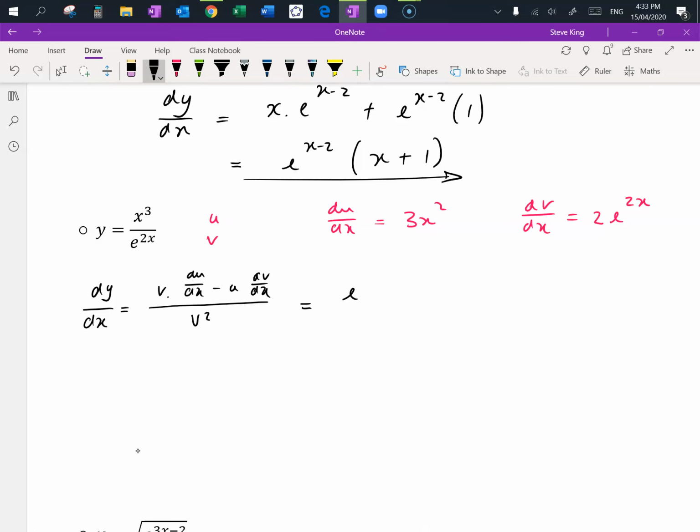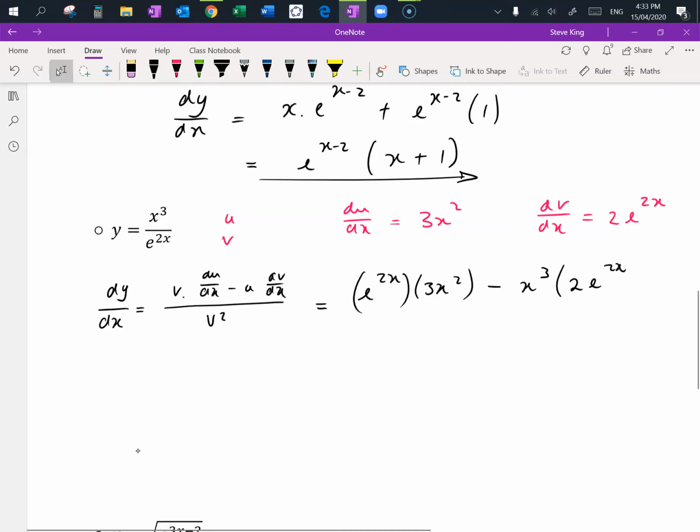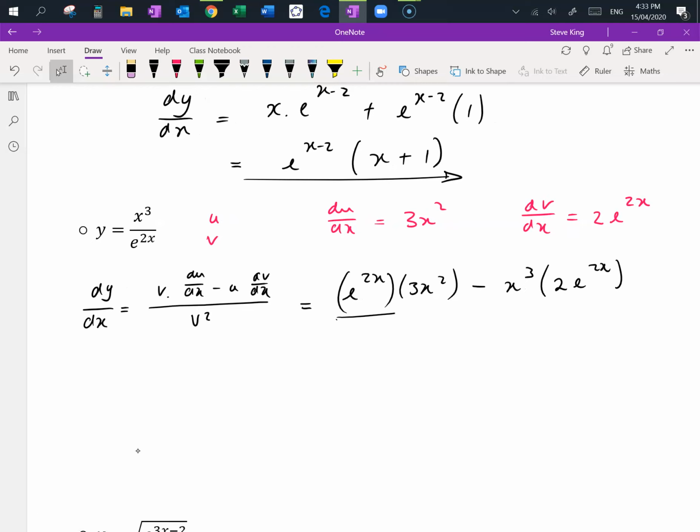V is e to the 2x. du dx, well, that's going to be 3x squared, minus u, which is x cubed, times by dv dx, that is 2e to the 2x. And all of that is going to be put over v squared, which is e to the 2x, and I'm going to square that.